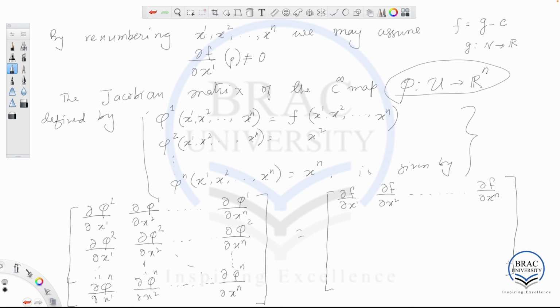In the second row, I'm going to have 0 here and 1 here, and all the other entries are 0. And in the last row, I'm going to have 0, 0, and the last entry, which belongs to the main diagonal, is going to be 1.